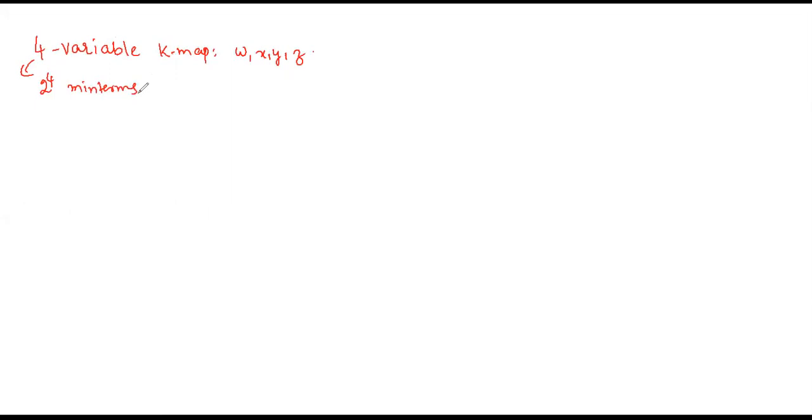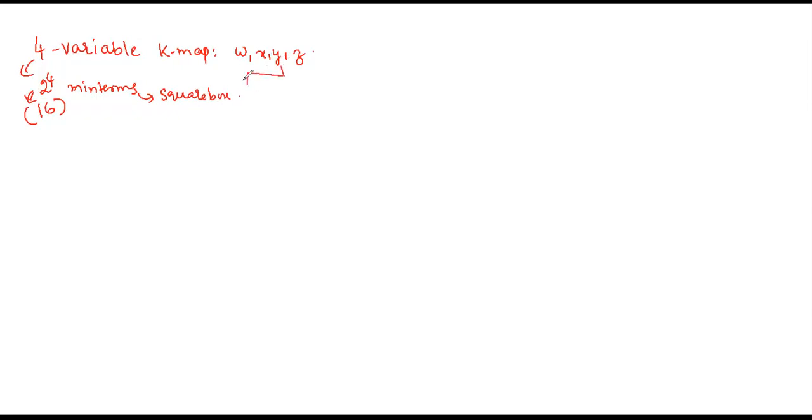Each minterm indicates a square box, so this 4 variable K-map has 16 square boxes.